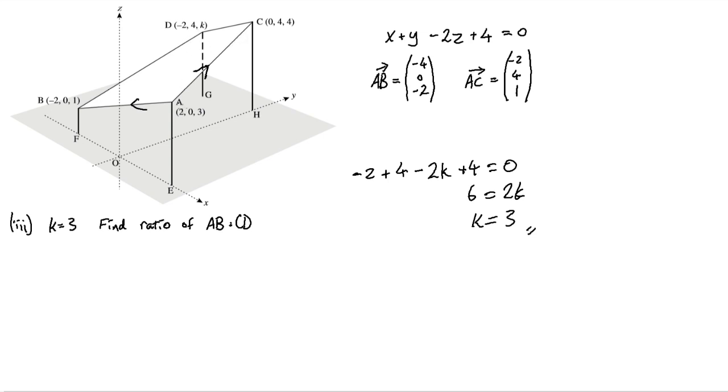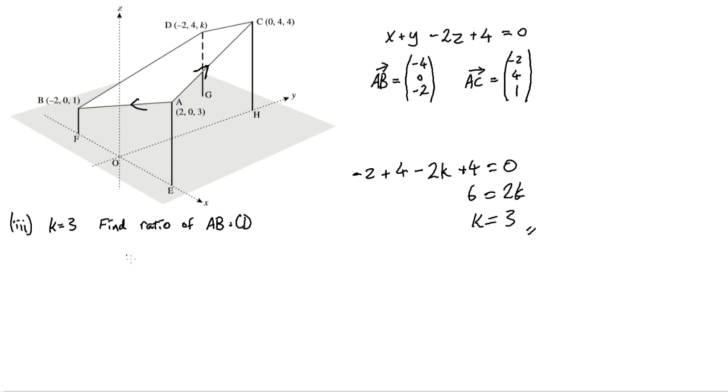Now we need to show that it is a trapezium on the plane. So we need to find the vector of C to D or B to D, depending on which side is the parallel side. I'll make a wild guess that CD looks a bit more parallel than BD and AC.